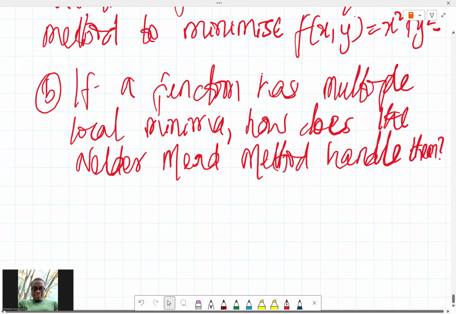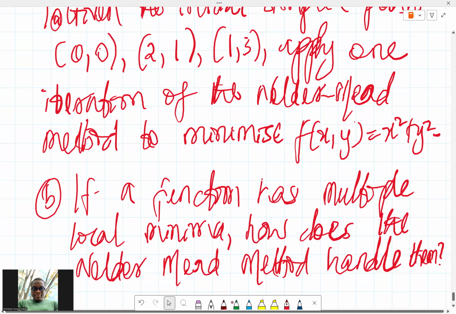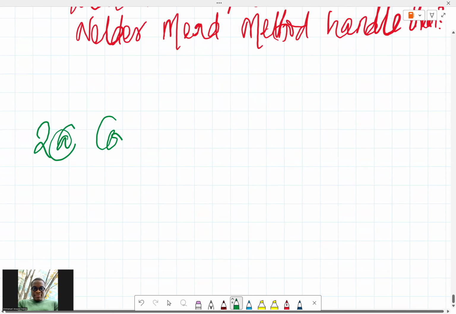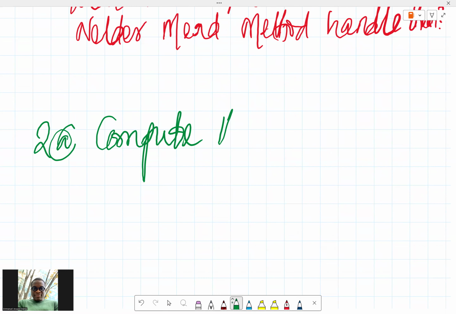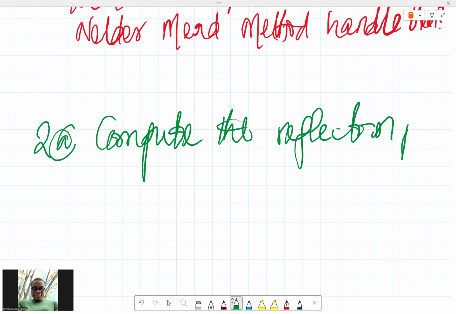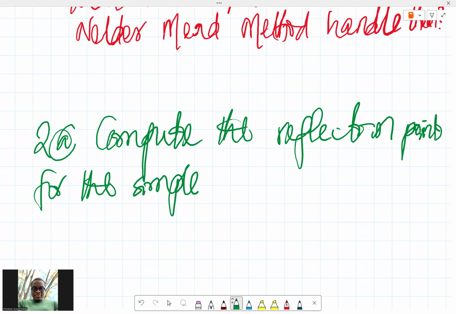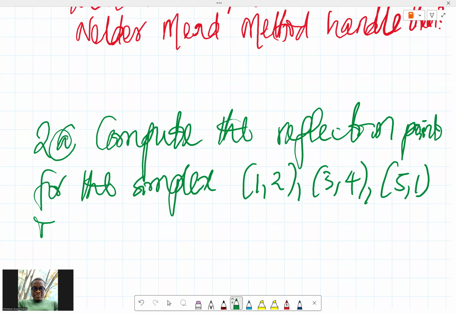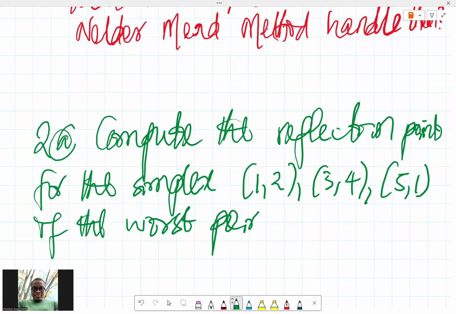Okay, let me add a second one. 2a, compute the reflection point for the simplex. I mean, you saw how we just did that. Now for the simplex 1, 2, 3, 4, 5, 1. If the worst point is 5, 1.